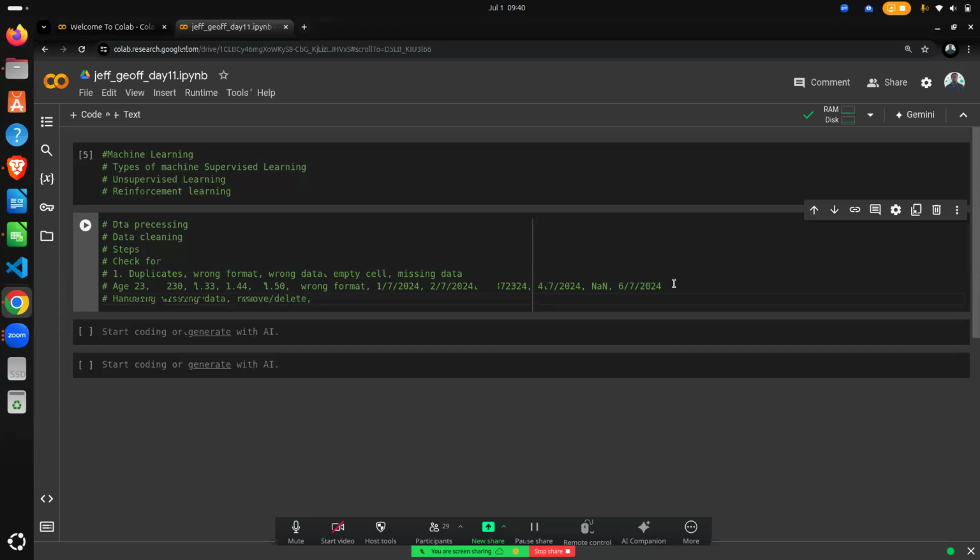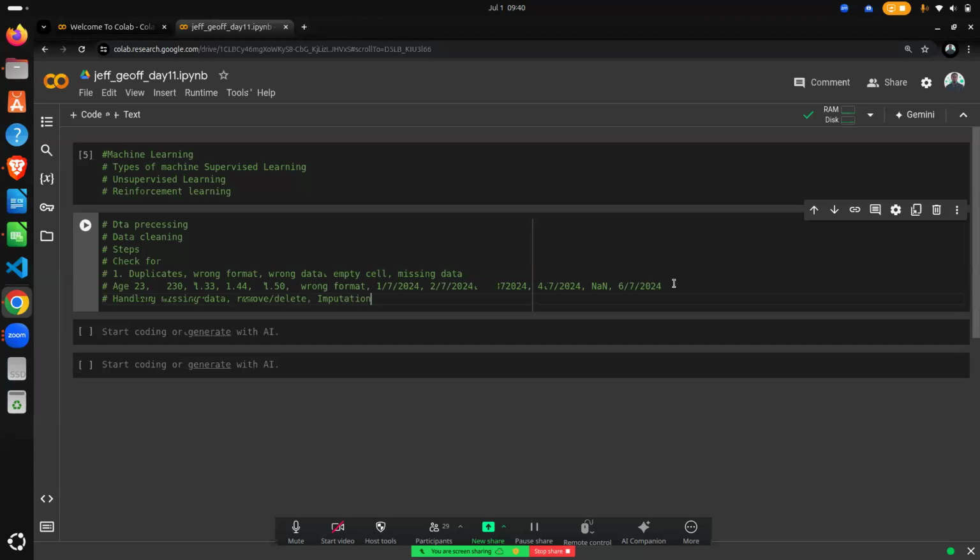Another thing you need to deal with is missing data; you can remove or delete. You can use what we call the mean. This one is called imputation.